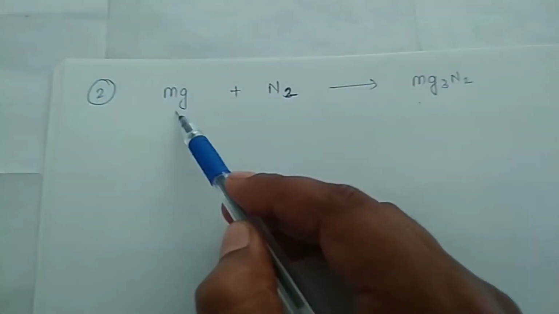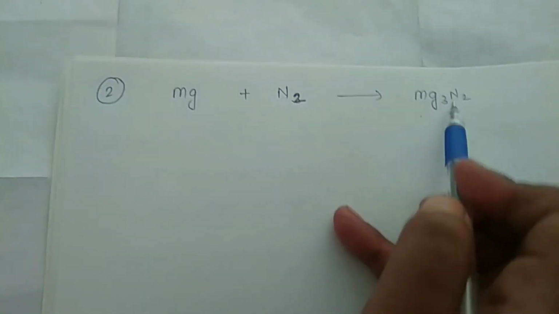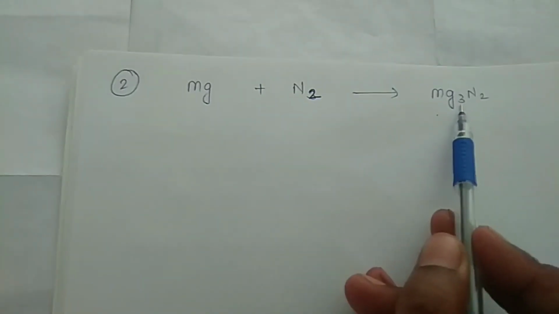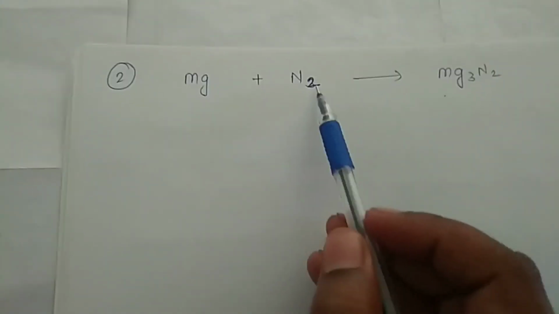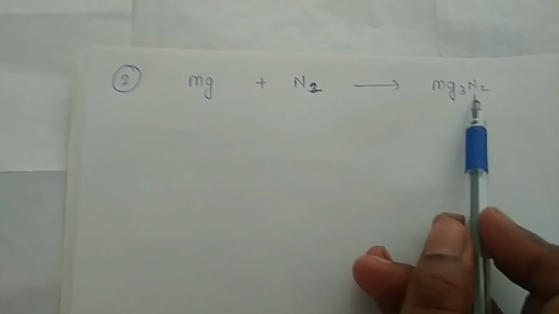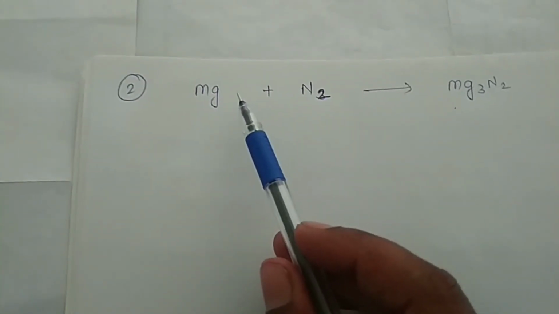When magnesium reacts with nitrogen, it forms magnesium nitride. Now see, children, here there are 3 atoms of magnesium on one side and 1 on the other, so magnesium is not balanced. Nitrogen is balanced, but magnesium is not balanced. So children, we will balance the magnesium.